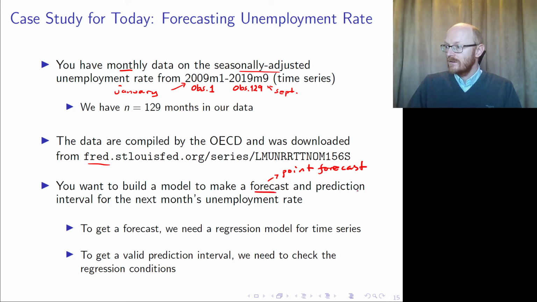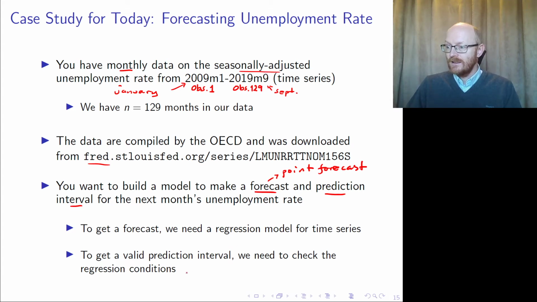And so you want to make a forecast and prediction interval for the next month's unemployment rate, so 1 month ahead. So to get a forecast, we need a regression model for time series. So if we get a regression model for the time series, we get y hat, and we can just expand that regression model or regression line such that we get the point forecast.